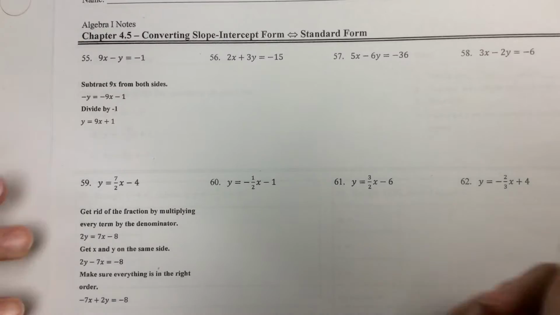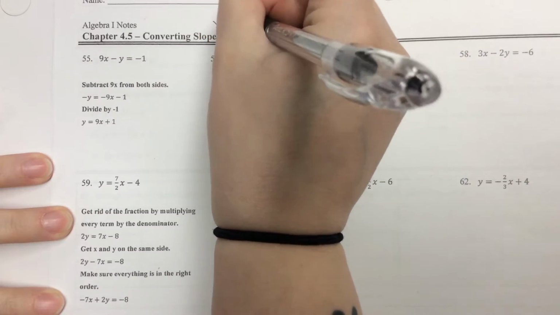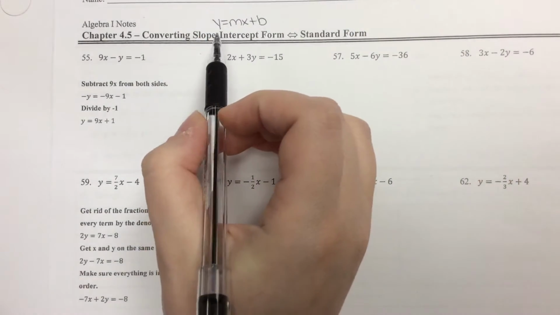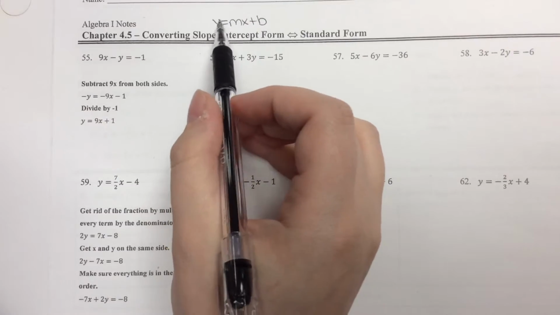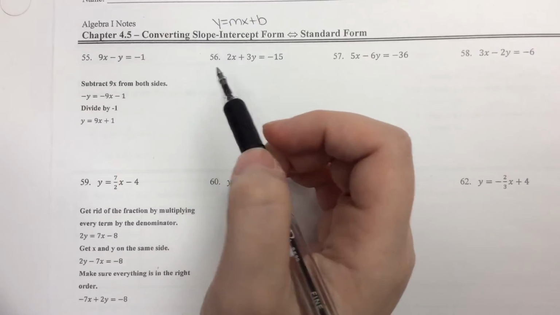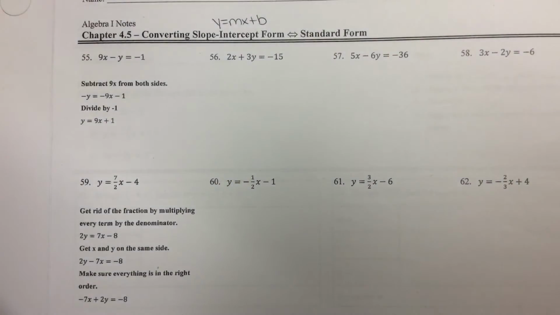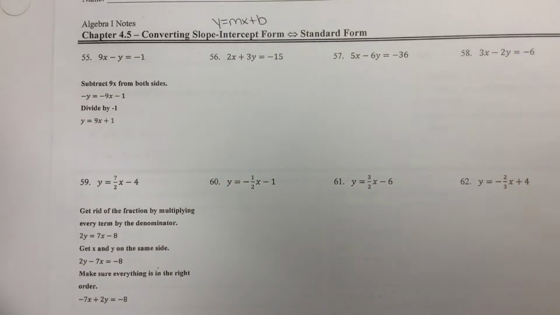So really quick, slope intercept form looks like this: y equals mx plus b. So look at the way that y is over here on the left side of this equation by itself. So basically, when you're being told to convert into slope intercept form, what that means is solve for y. All right, you want it to say y equals some other numbers.